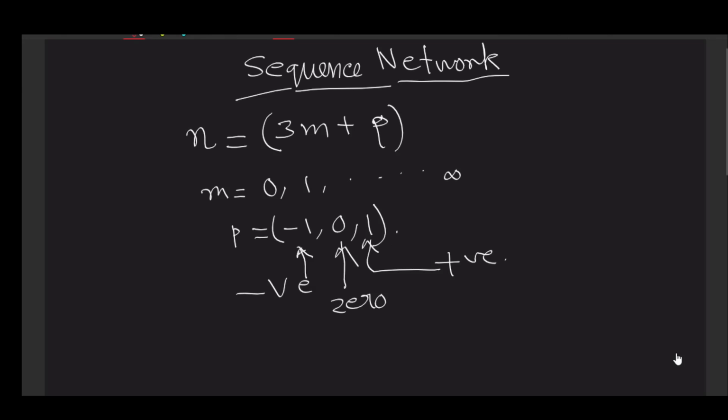I told all this in a very intuitive and casual manner, but a serious formulation of this concept is required, and that is why let us consider what we consider in a sequence network.